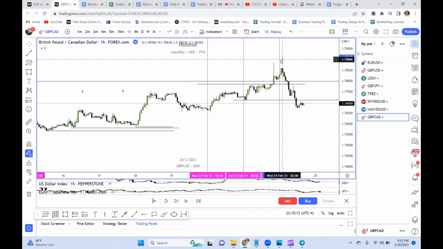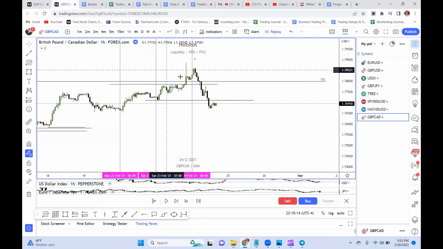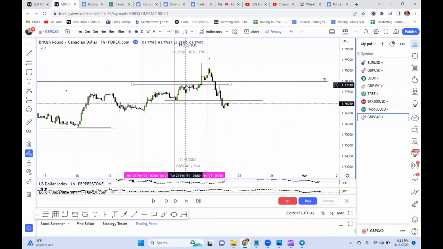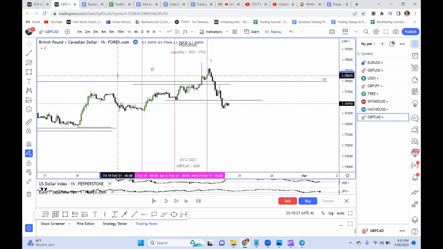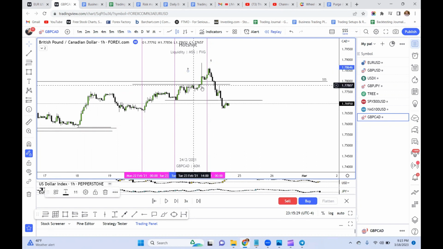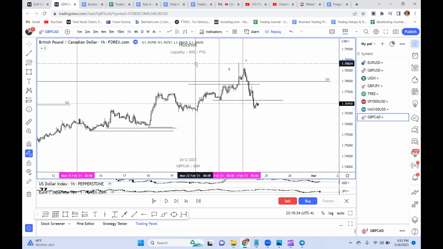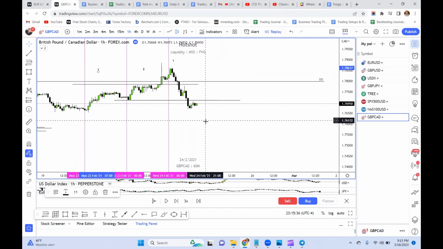So it actually purged because this was a high, and it purged during the Asian range, honestly, which is technically the next day. But you can see that the market structure happened. The market structure break happened right there.